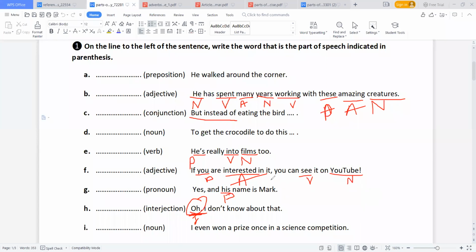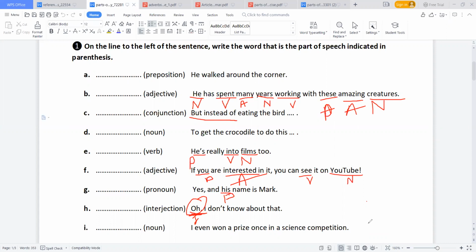Okay. Now next is: I even won a prize once in science competition. So what are the nouns? Ma'am, prize. Science and competition. Okay.